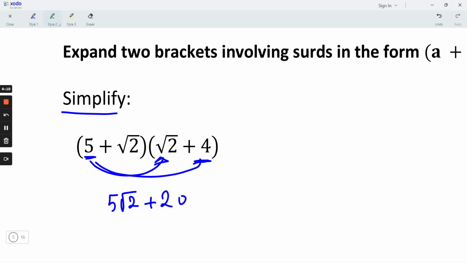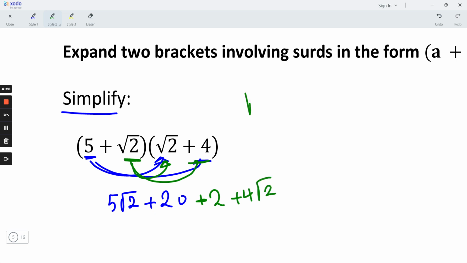Now we'll have the square root of 2 times the square root of 2, which gives us 2, so plus 2. The square root of 2 times 4 gives us plus 4 square root 2.